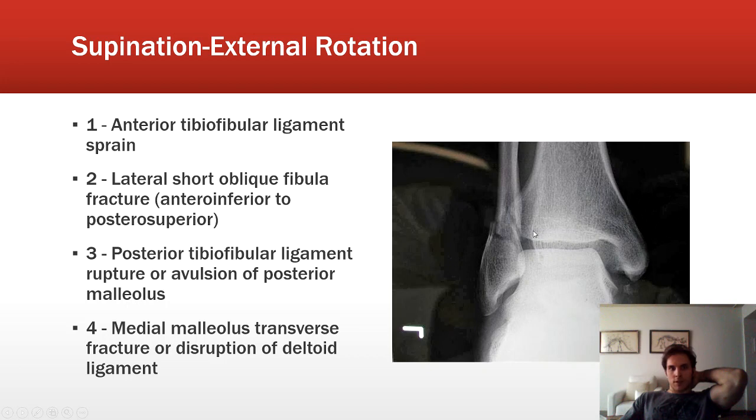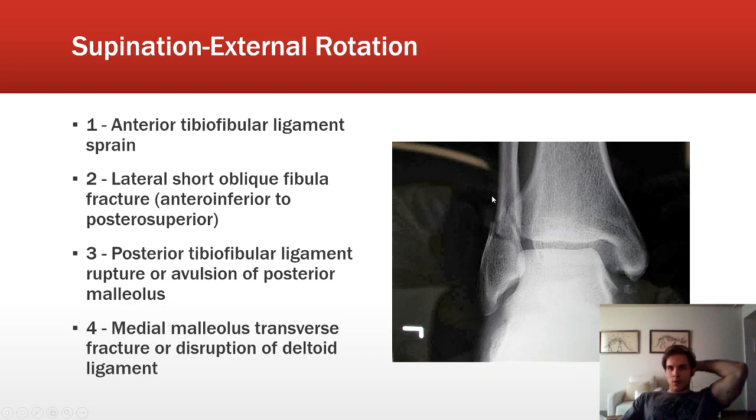Then it progresses and it sweeps around external rotation and causes a short oblique fibula fracture at the level of the syndesmosis. So as we were saying, the tibiofibular ligament is right here, damaged.